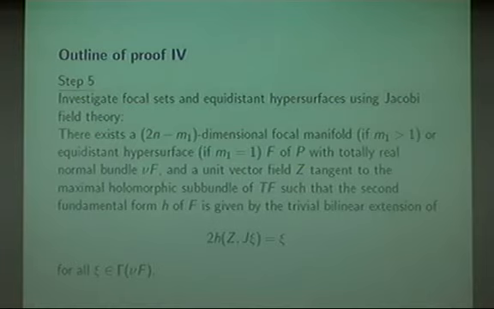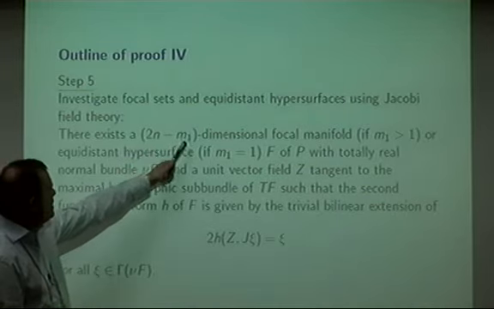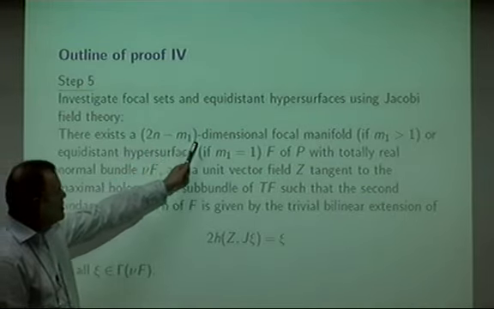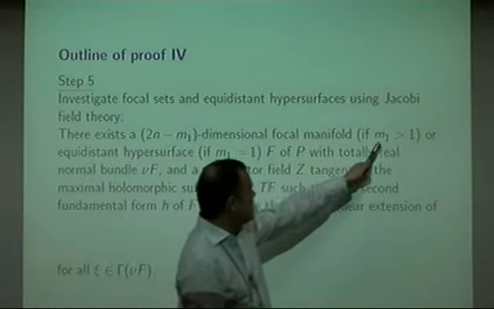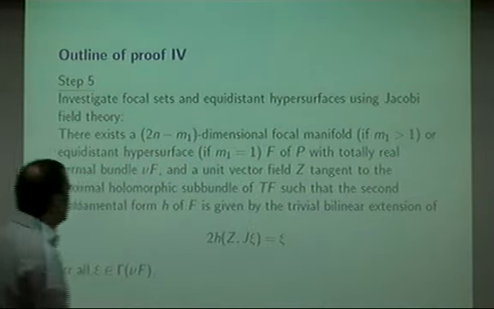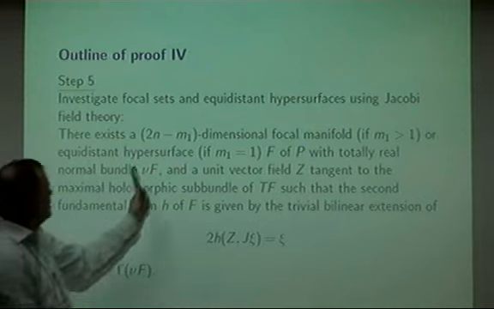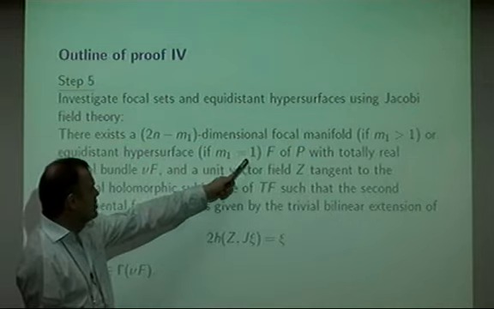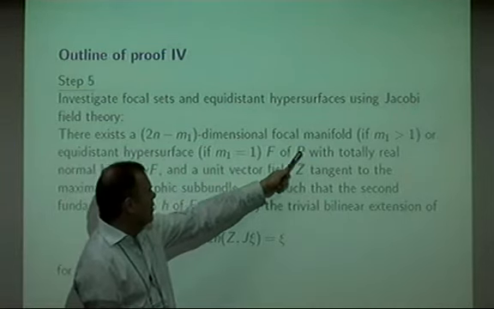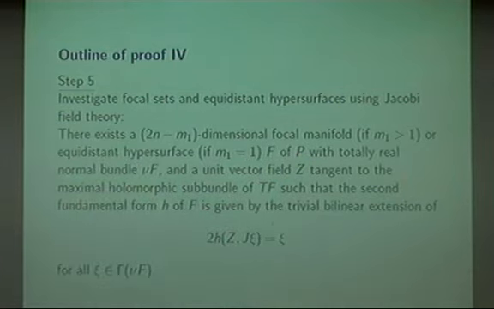And if one works out everything nicely, what one gets is a 2n minus m1 dimensional focal manifold if the multiplicity is bigger than 1, or a hypersurface if the multiplicity is equal to 1, of our given hypersurface P, which has a totally real normal bundle.